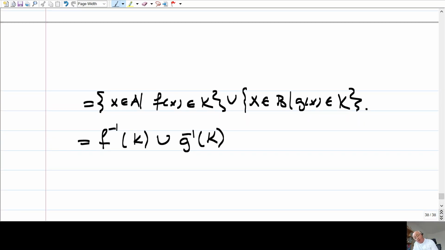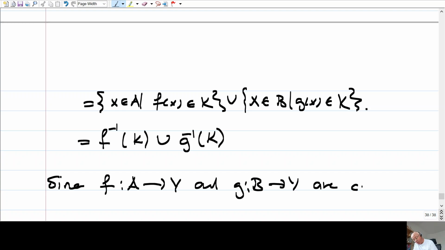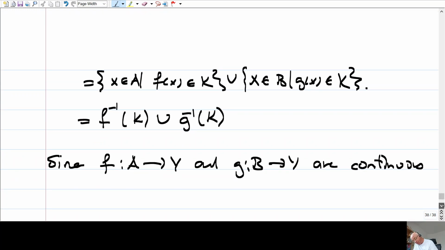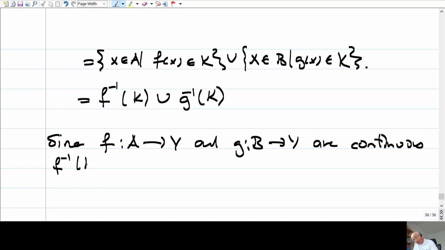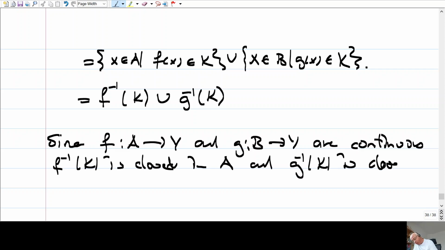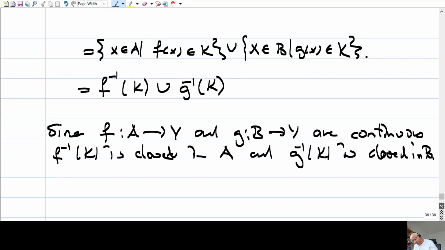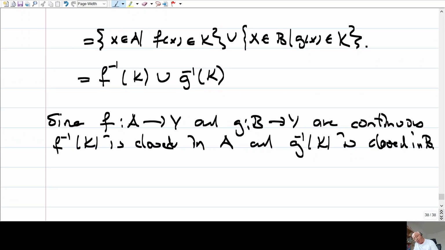Well, since f from A to Y and g from B to Y are continuous, f inverse of K is closed in A, and g inverse of K is closed in B. However, A and B are closed sets in X.